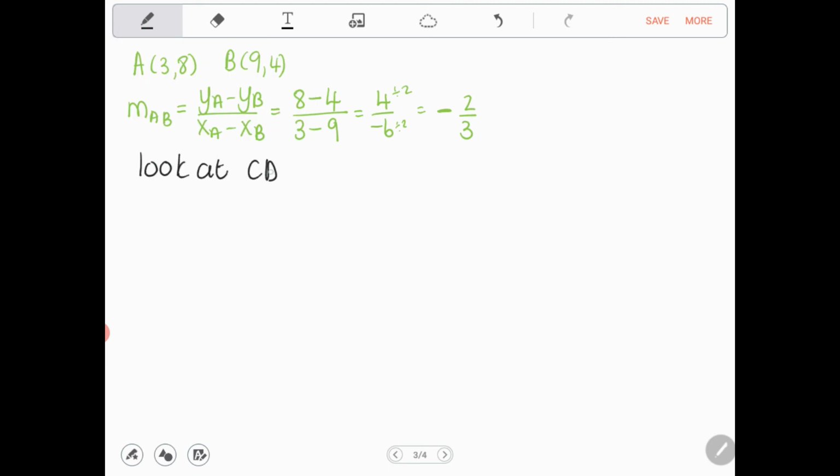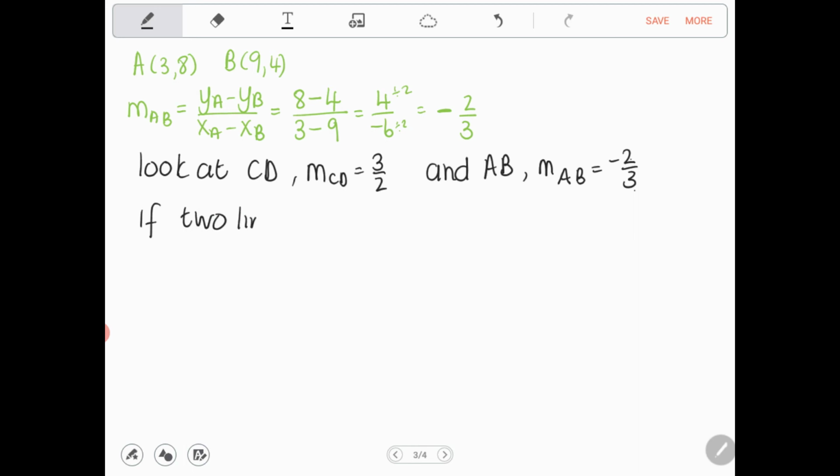The gradient of CD is 3 over 2, and the gradient of AB was -2 over 3. When you look at these two gradients, can you see that they're the reciprocals of each other? This is 3 over 2, this is 2 over 3, but they also have opposite signs. So if two lines are perpendicular, the product of the gradients is -1.